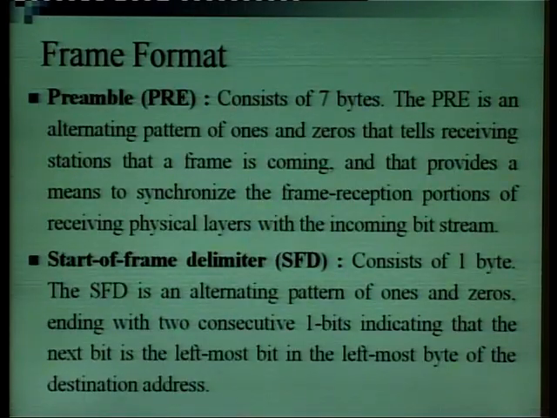Now I am going to explain each field of the frame format. The first field is preamble. It consists of 7 bytes. The preamble is an alternating pattern of zeros and ones that tells the receiving station that a frame is coming.